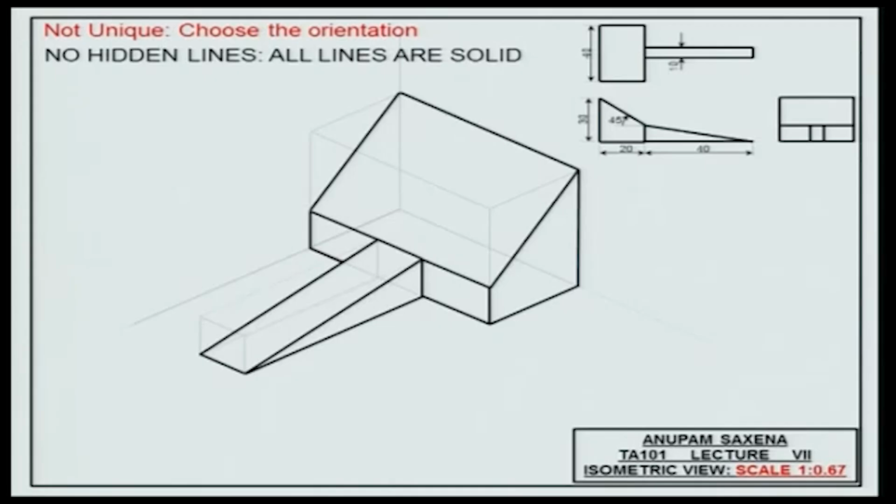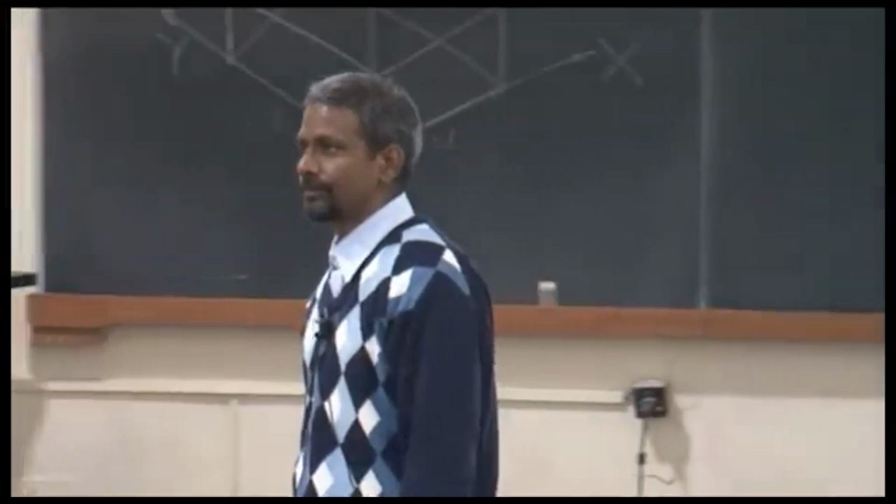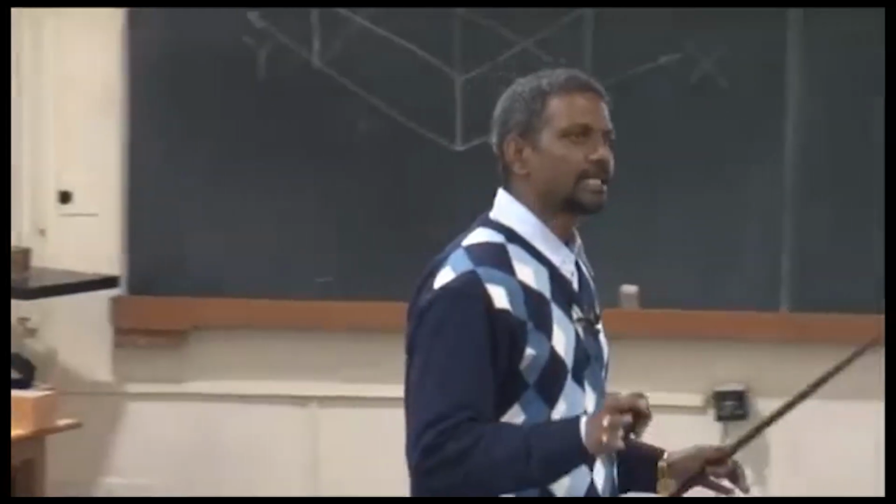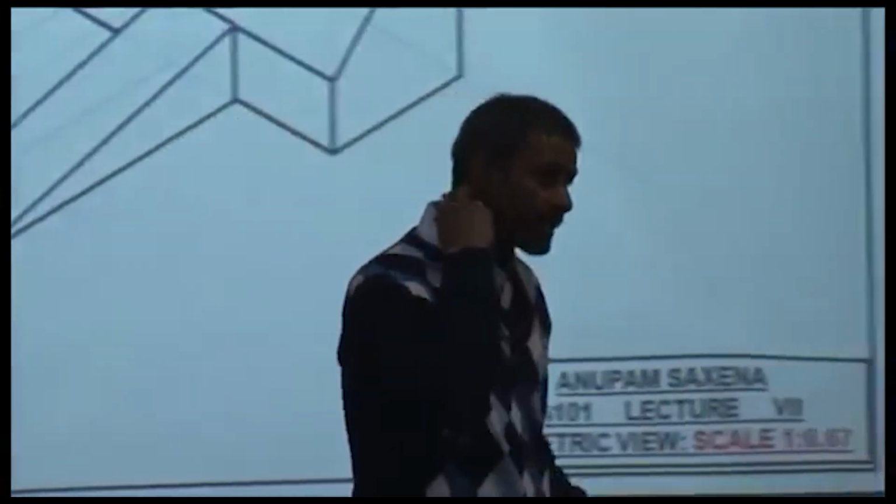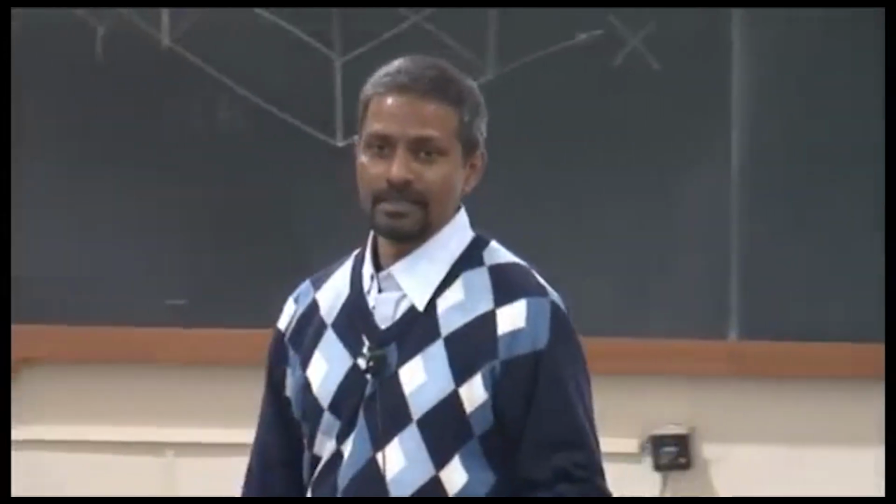Word of caution: no hidden lines are to be shown like we do in case of orthographic views. No hidden lines are to be shown. Okay? We stay as realistic as possible when we show the isometric drawing or view. So when you're drawing isometric views, you need to be very, very careful.